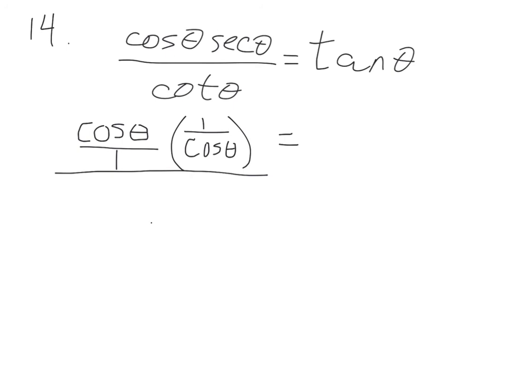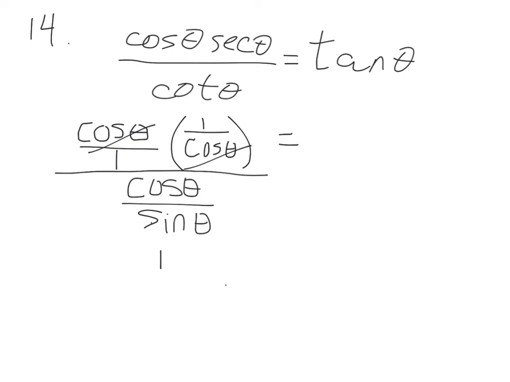And then that cotangent, I am going to make that cosine theta over sine theta, because that's the quotient identity that turns cotangent into cosines and sines. So now that I look at that, within this numerator here, I have a cosine theta over 1 times 1 over cosine, and these cosines cancel.